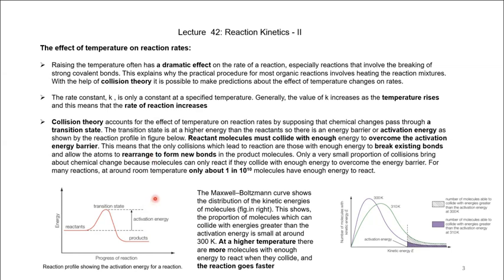In collision theory, very few molecules collide with enough energy to overcome the energy barrier. We can estimate that at around room temperature, only about one molecule in 10 to the power 10 molecules has enough energy to react. We can also explain this with the Maxwell-Boltzmann curve, which shows the distribution of kinetic energy of molecules.